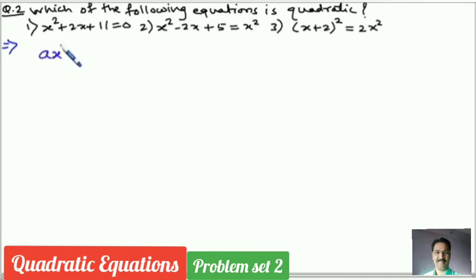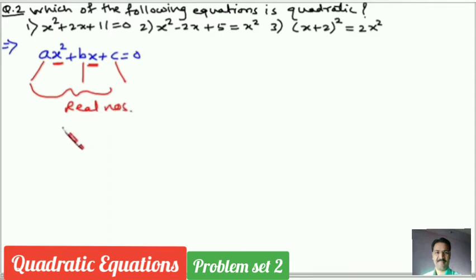That is ax square plus bx plus c equal to 0, in which first x is the only variable, and after that a, b and c, these 3 must be real numbers. And very important, a is not equal to 0, and the degree must always be 2 only, and the remaining powers are here 1, and here there is x but its power is 0. Like this it must be.